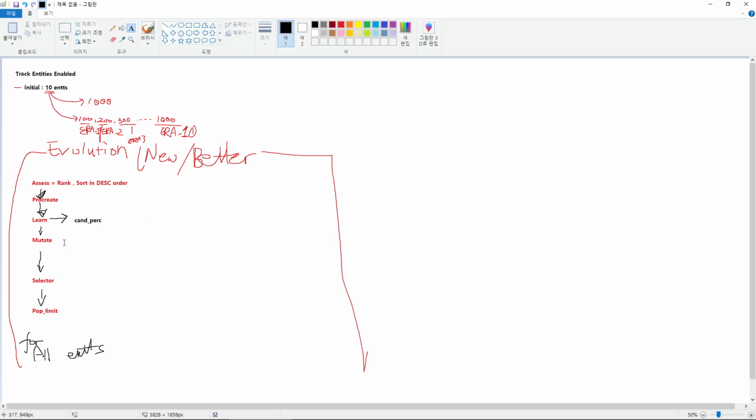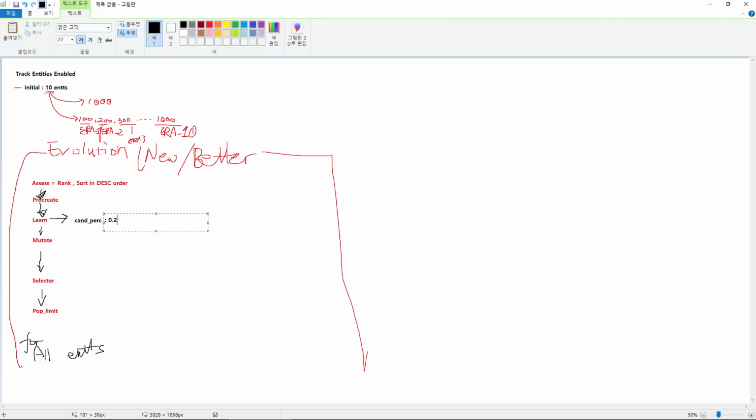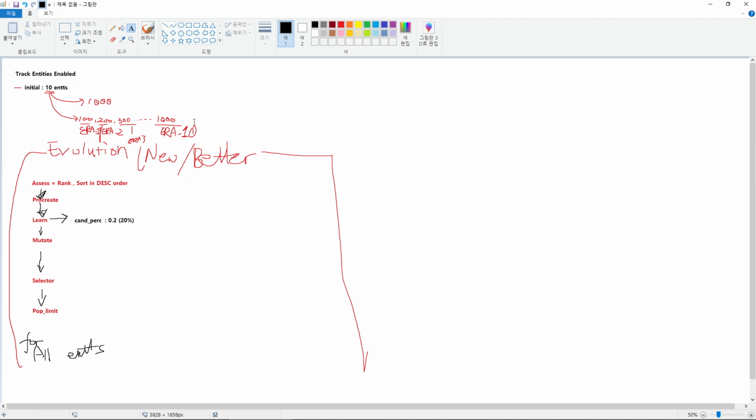And here it would usually be 0.2 or 20%. But apart from that, all entities would go through mutation. In the latest attempts that I have done, I have given all the entities their own individual mutation rates, but they do still go through that computation.